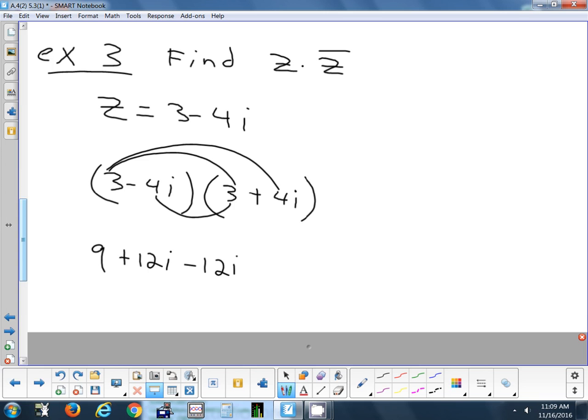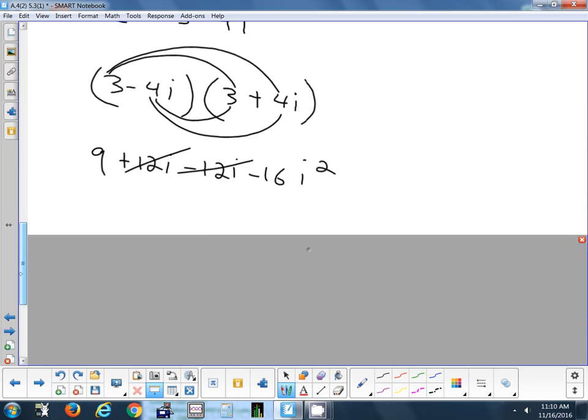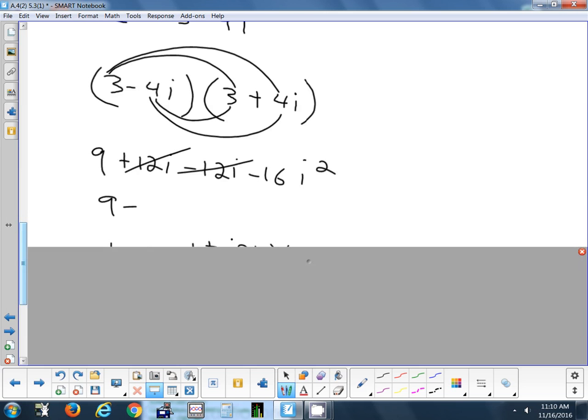So that's the formula that we've been using. Here are your complex numbers. You want to multiply them together. Take a and square it, take b and square it, and add them up.